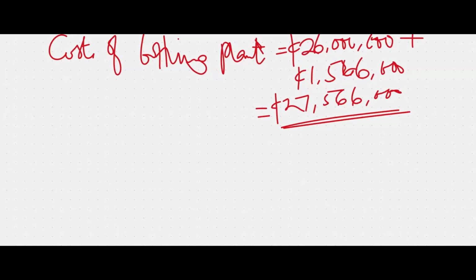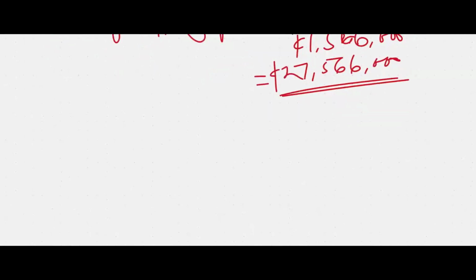Bottling plant. How much is it? 27.5 million. That's how it is in the financial statement, the presentation. The bottling plant is an asset. The cost of the asset, this is how you're going to treat it in there.